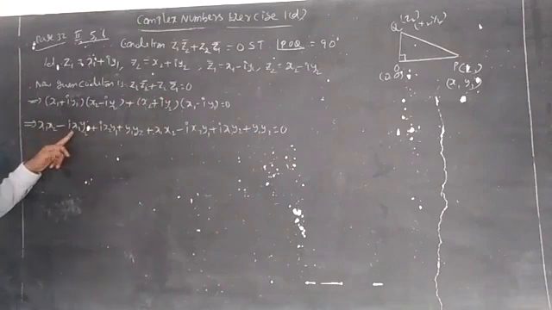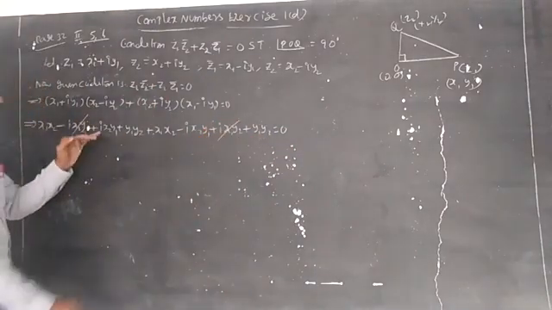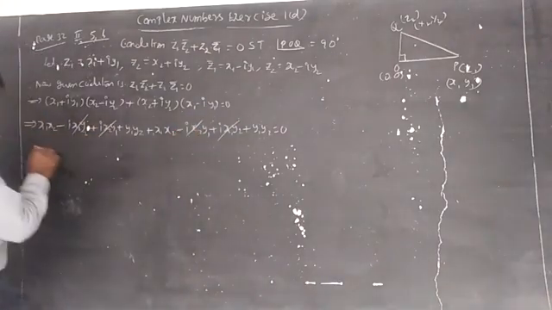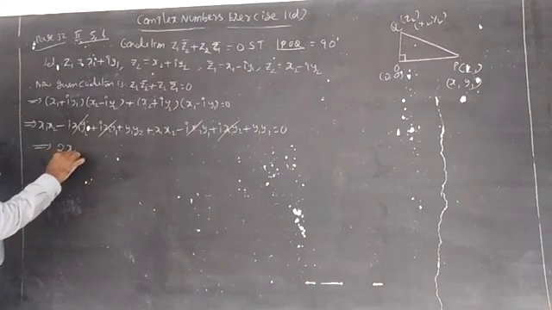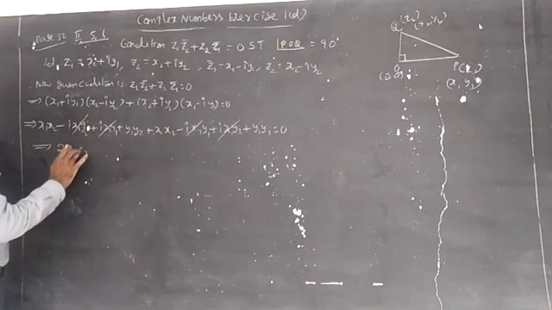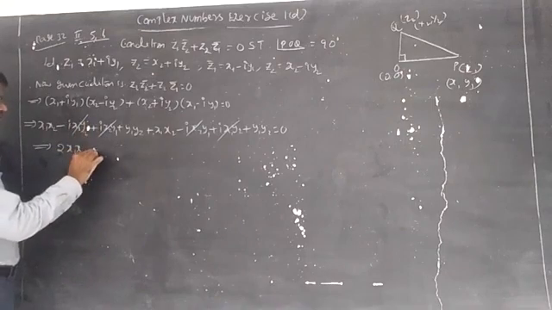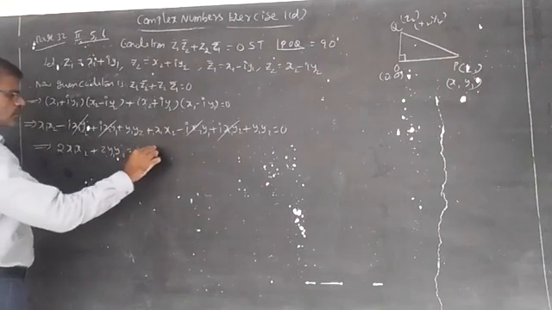In these terms, minus i x1 y2 and plus i x1 y2 get cancelled, plus i x2 y1 and minus i x2 y1 get cancelled. That implies there are two terms of x1 x2 and two terms of y1 y2. So 2 x1 x2 plus 2 y1 y2 is equal to 0.